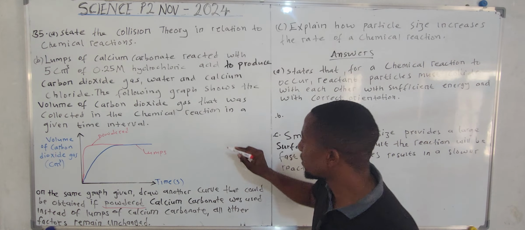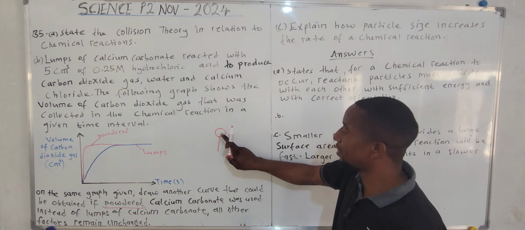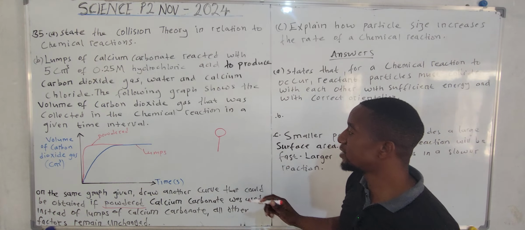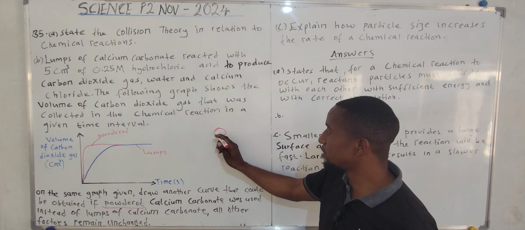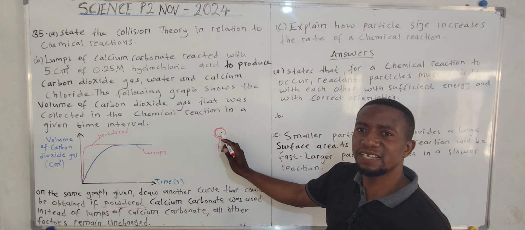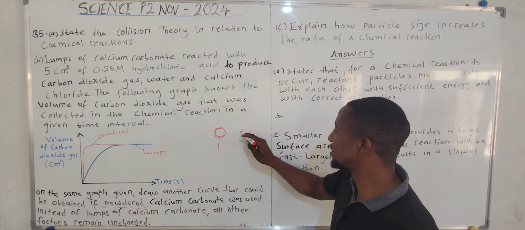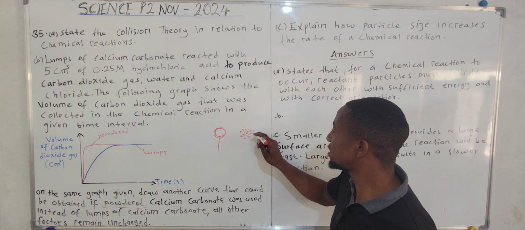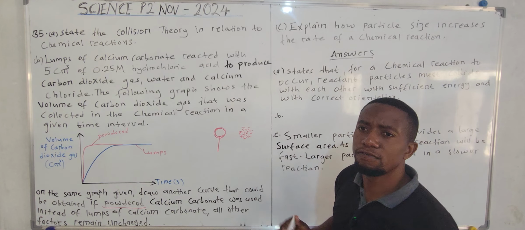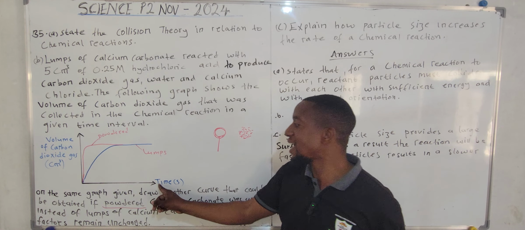Look at this example. Let's say we get a lollipop, a solid one. Then we get the same lollipop and crush it into smaller pieces. Of course, time has to be there. That's why even this scale has time.